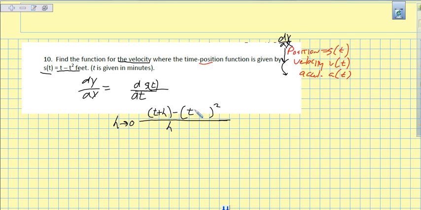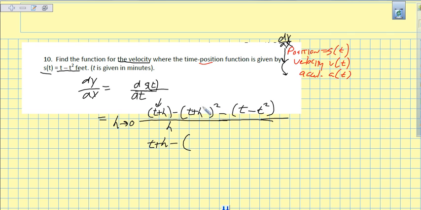So into t we're going to replace it with t plus h, and then we're going to subtract the t minus t squared, and simplify now. This parentheses here at first is not doing anything, so we'll just go ahead and rewrite t plus h.